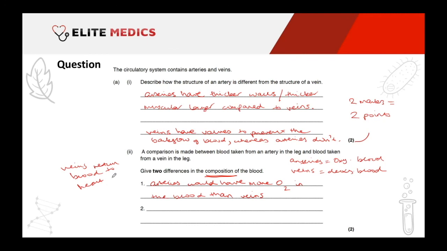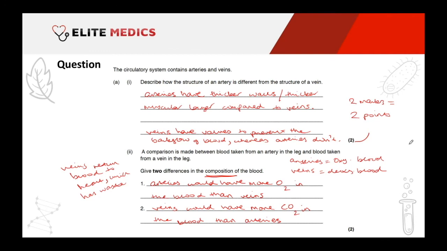But in exchange for that, they remove their waste, such as carbon dioxide. Okay, so veins return blood to the heart, which has waste. And what's the waste product? Carbon dioxide. So veins would have more CO2 in the blood than arteries. Okay, good. So I think we've done those two questions now.